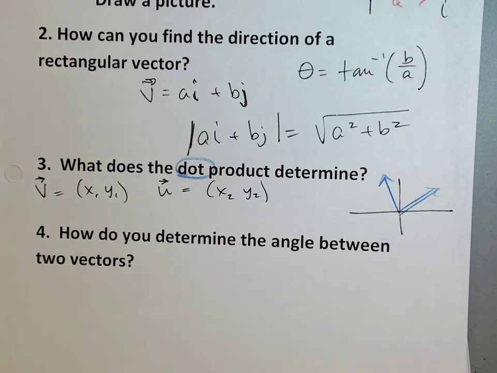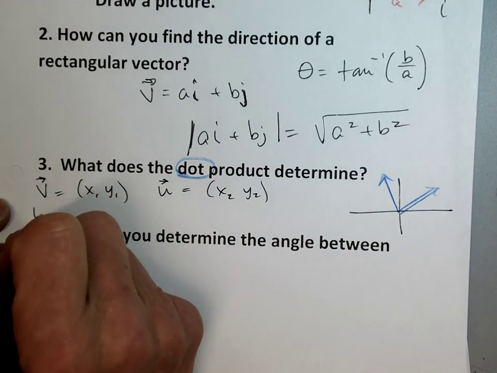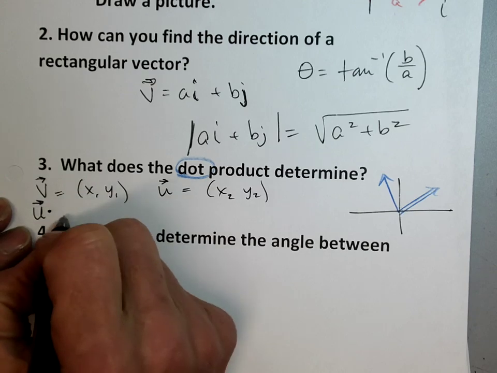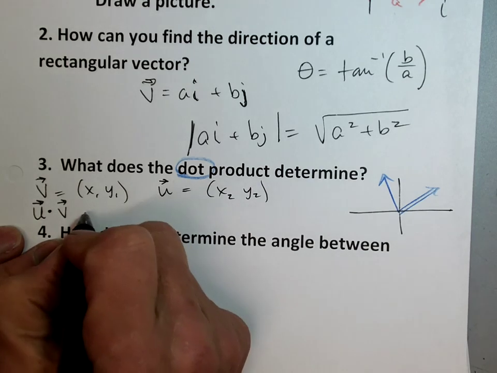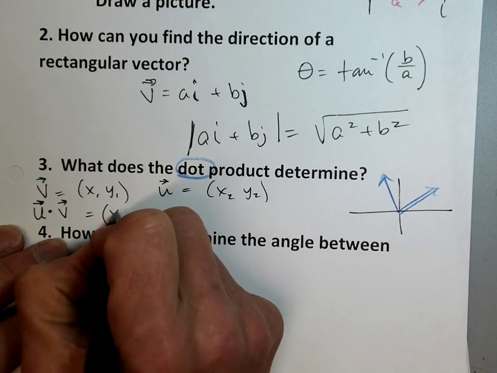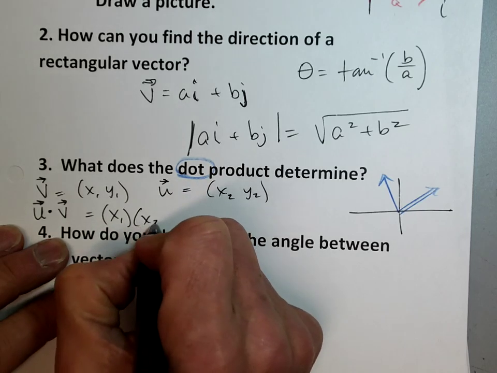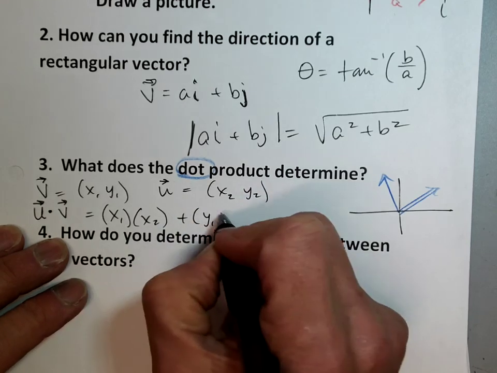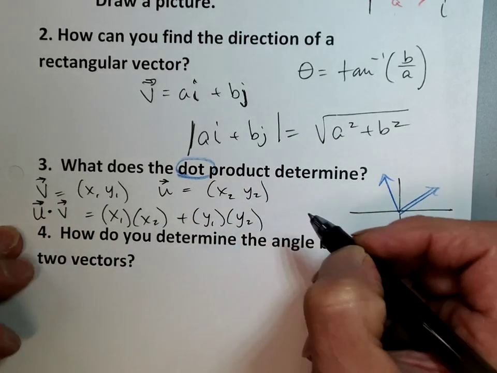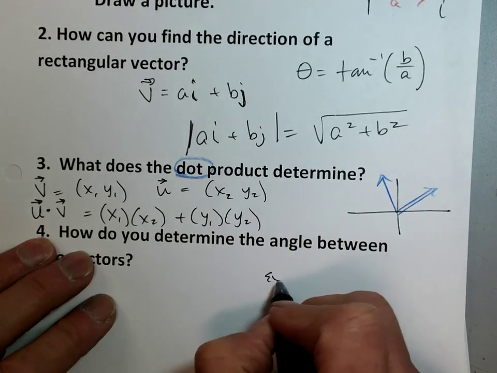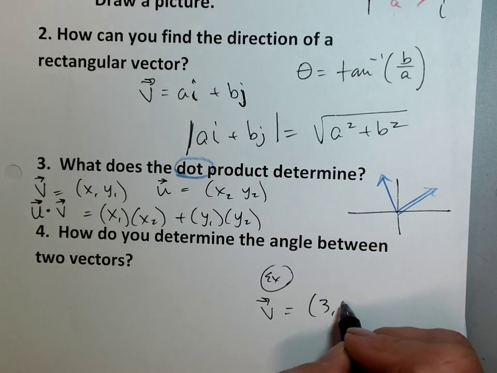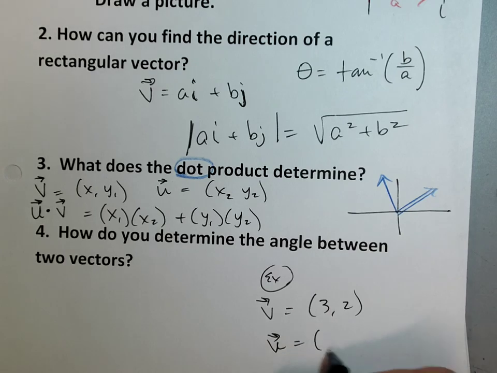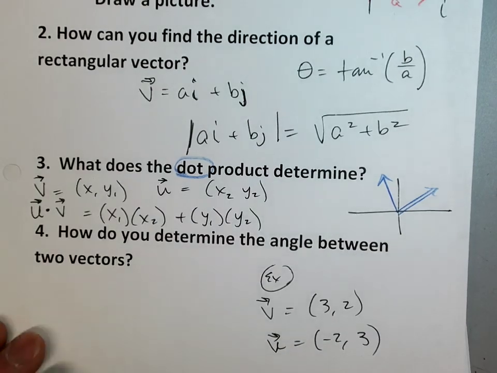So the dot product is u dot v, because we don't multiply vectors. What you get is you take your x1 times your x2 plus your y1 times your y2. As an example, we're going to say vector v happens to be (3, 2), and vector u happens to be, let's say, (-2, 3), just as an example.